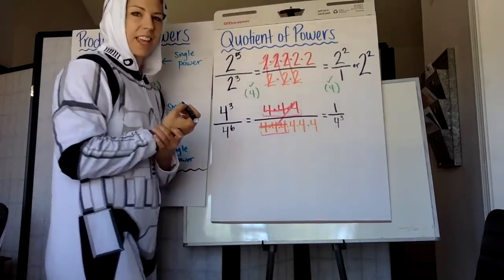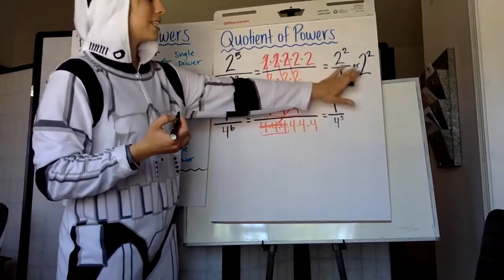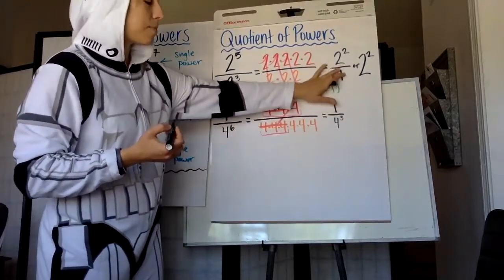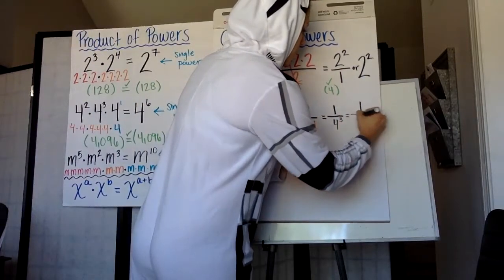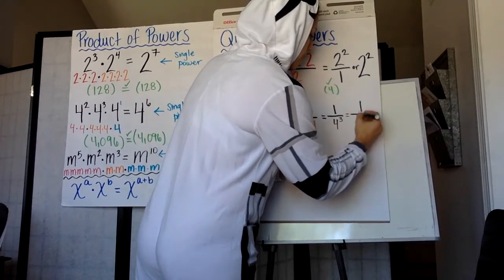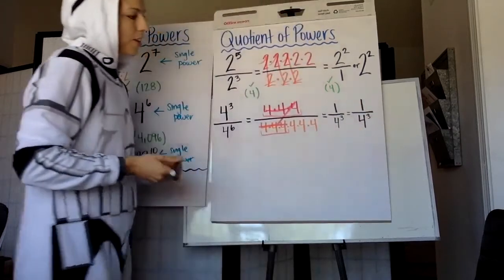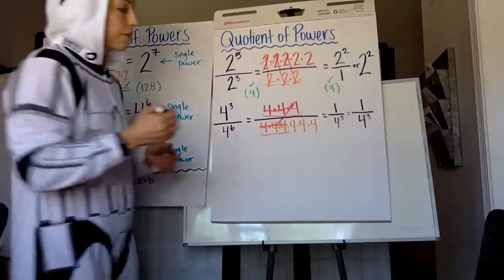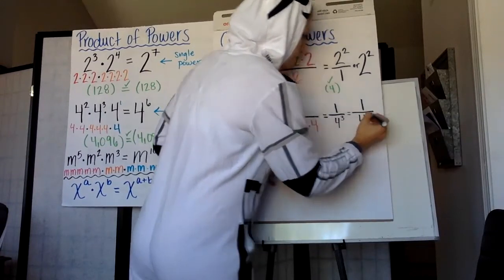Can I simplify that any further? Well, no, you can only simplify when 1 is in the denominator. So this is just our final answer, 1 over 4 to the 3rd power. That's our single power, and that's our final answer. We've done as much simplifying as we can.